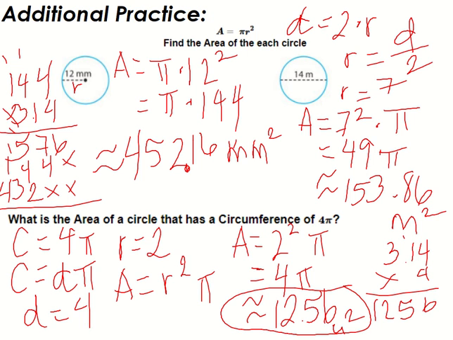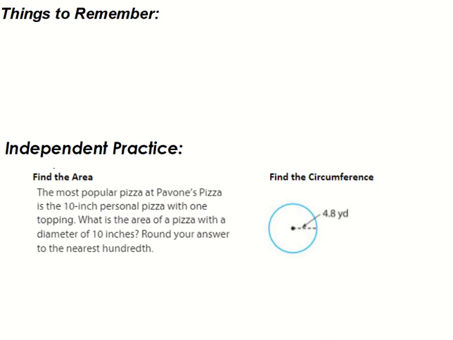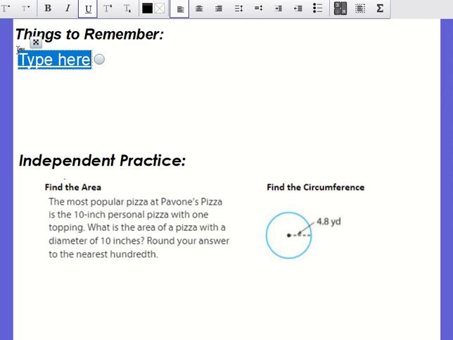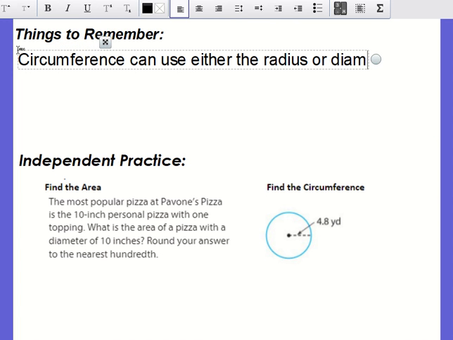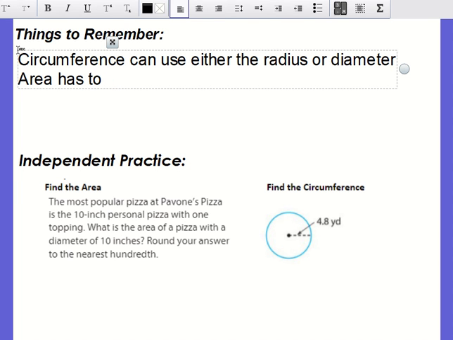All right. So things to remember. I'm going to type them just so that my handwriting is not bad. Circumference can use either the radius or diameter. Area only can use the radius.